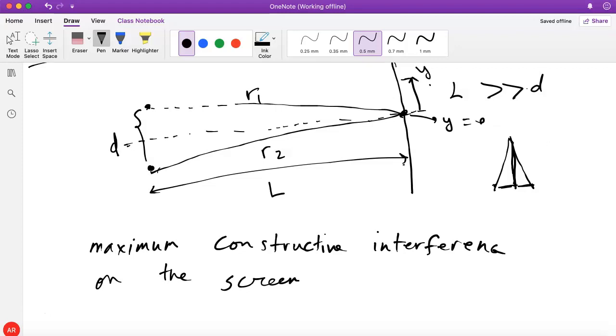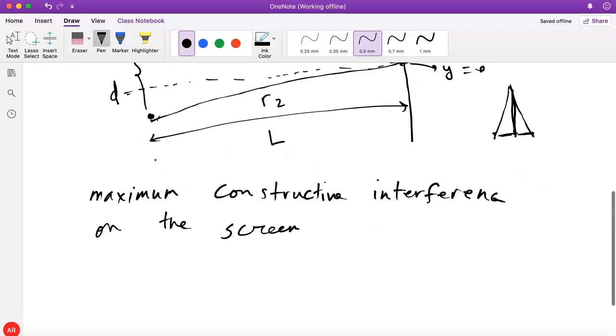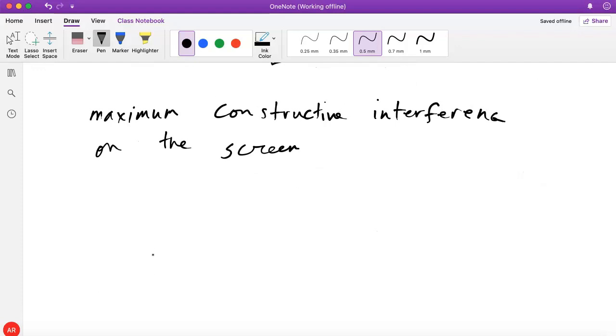And then as we move away, the difference between R1 and R2, delta R, changes, right? In this case, delta R is 0. So it's going to change continuously as you, let's say, move this way, move up, for example. Again, let's draw this here. So 2 screens, we go somewhere here.